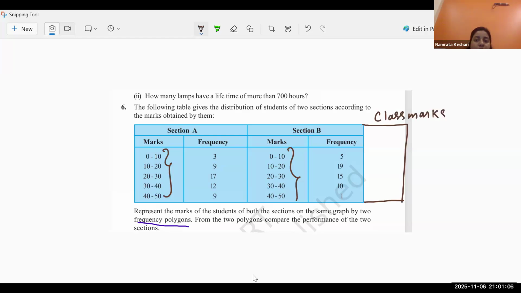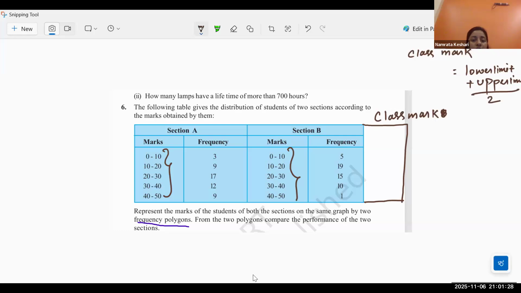Class mark, we write just class mark. The class mark formula is lower limit plus upper limit by 2. Actually, class mark is nothing but just the midpoint. Lower limit plus upper limit by 2.